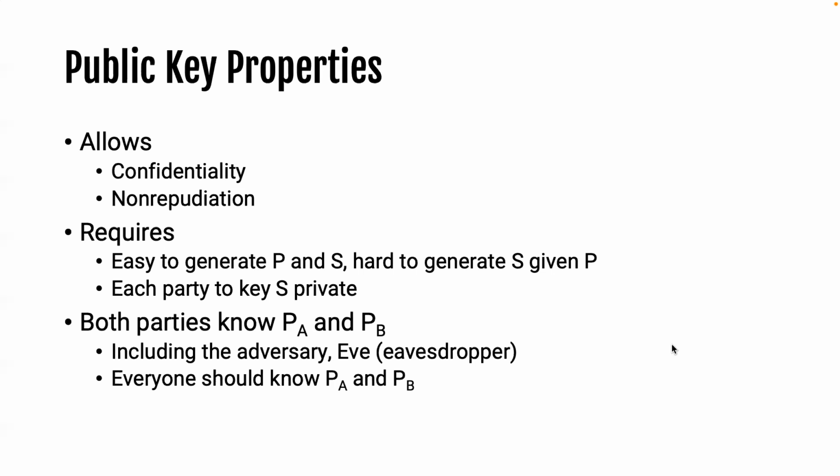Both parties need to know the public key of themselves and the other party. But also, as I mentioned, since it's public, everyone, including the attacker, will be able to know about those public keys.